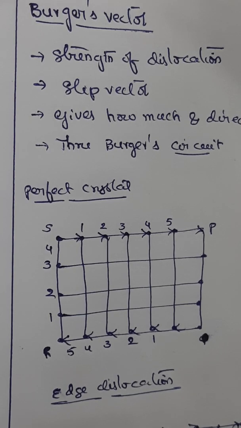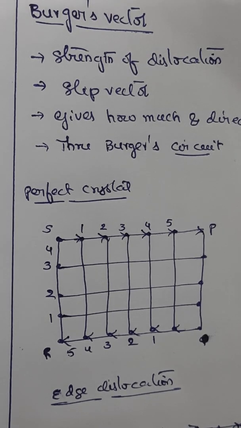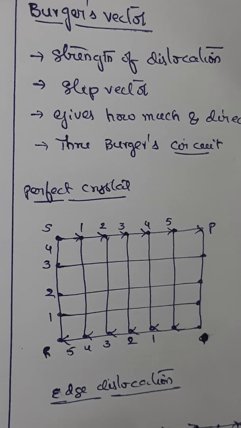Then we looked at electronic defects, line defects and surface defects. In point defects, we looked at vacancies, interstitials, Schottky defect and Frenkel defect, and in compositional defect, substitutional impurity defect and interstitial impurity defect, followed by electronic defect.